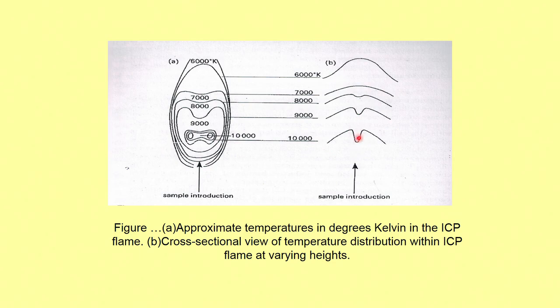You can see the big dip here, and above this the dip is very less, here it is still less, here it is almost non-existent. So, approximate temperatures in degrees Kelvin in the ICP flame, and cross sectional view also I am showing you. I may ask you about this in the examination if you are taking a test.